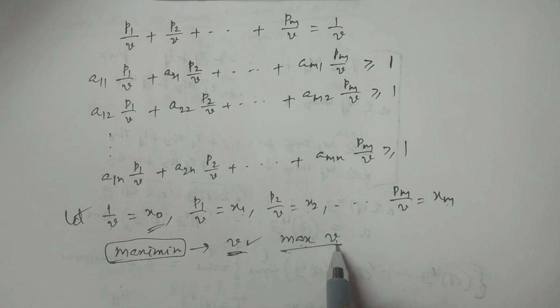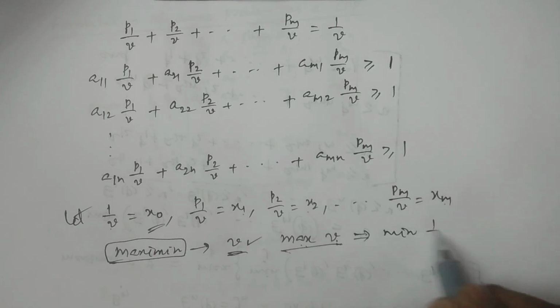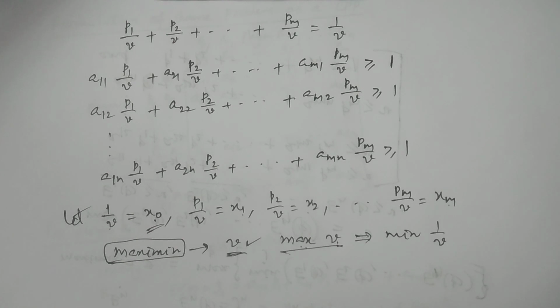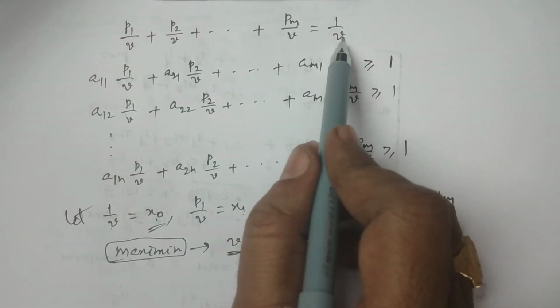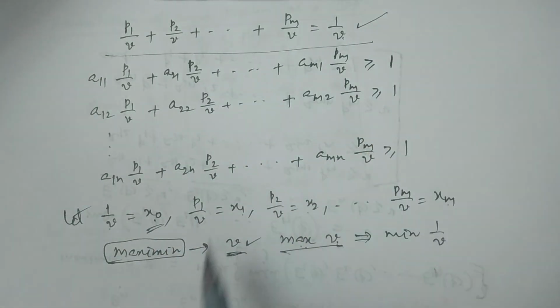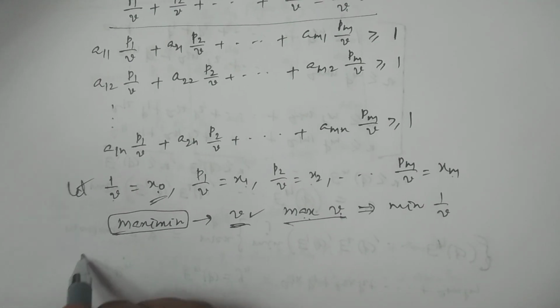Maximizing mu represents minimizing 1 by mu, that is x0. Clear? So now the first equation I am converting into the objective function.